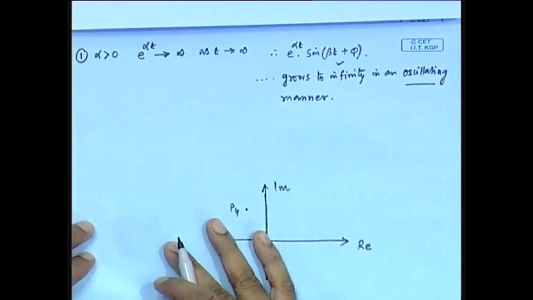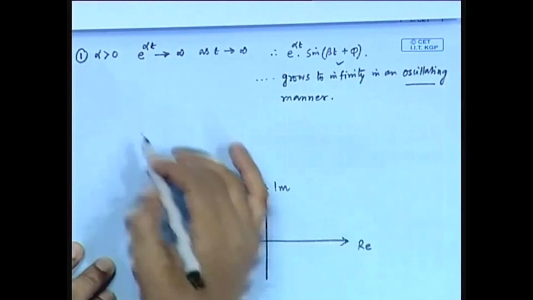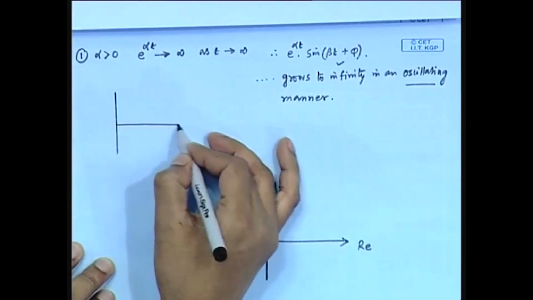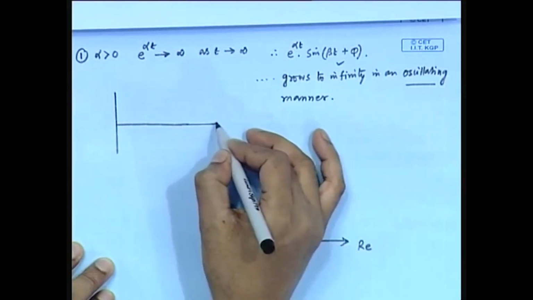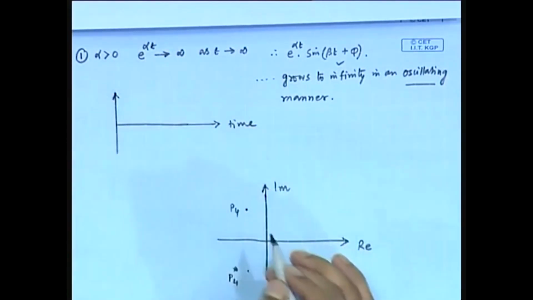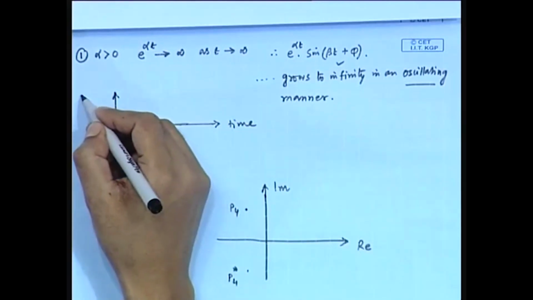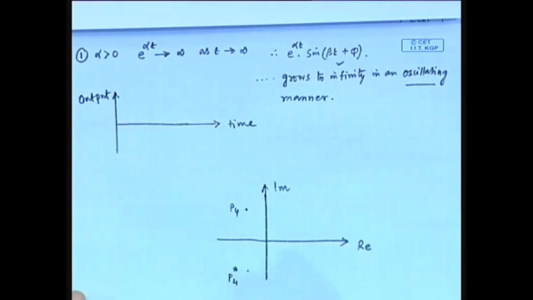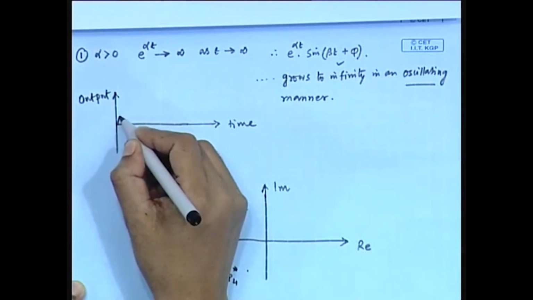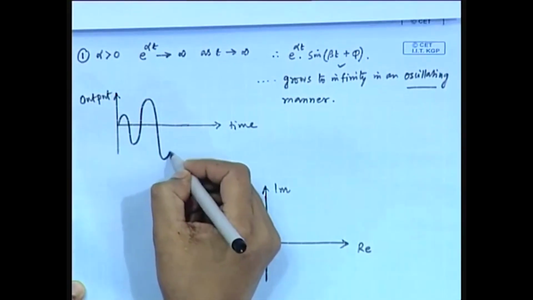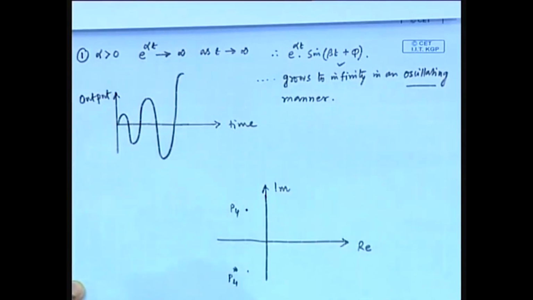So, how can we represent the system response graphically? We will represent this in this form. Suppose this is time and this is the output.